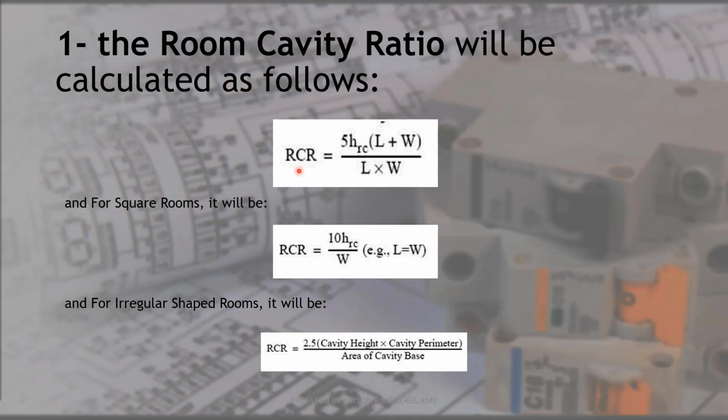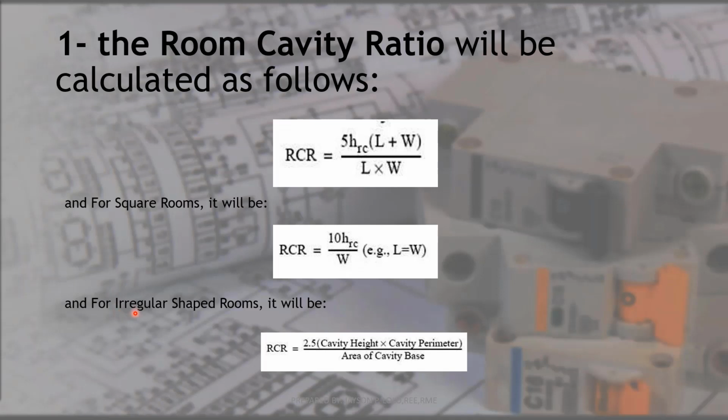We have the RCR equals 5 HRC times length plus width over length times width of the room. Therefore, if you are using square room type, you can use this formula, 10 HRC over W.